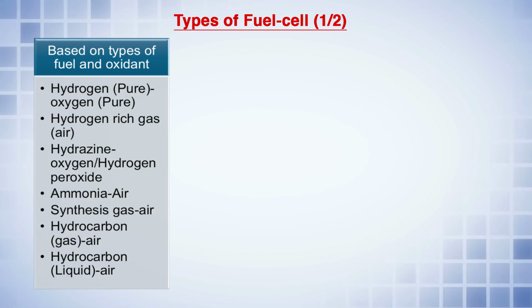Sometimes hydrogen is not readily available, so ammonia is converted into hydrogen, and hydrogen is used as a fuel in the fuel cell. The next types are synthetic gas and air, and hydrocarbon in liquid form and air. So this classification is based on the fuel and oxidant.